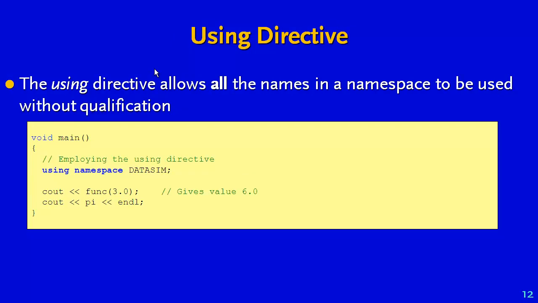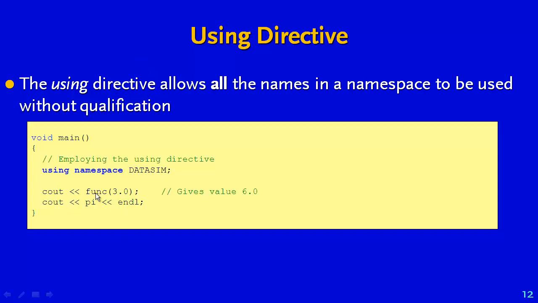The next option is like a global big bang option, you might say, the using directive. The using directive allows us to use all the names in the namespace, all the variables, functions, without qualification. So you get everything. So here I'm using DataSim namespace again. So it's a global directive, using namespace DataSim. You get everything.